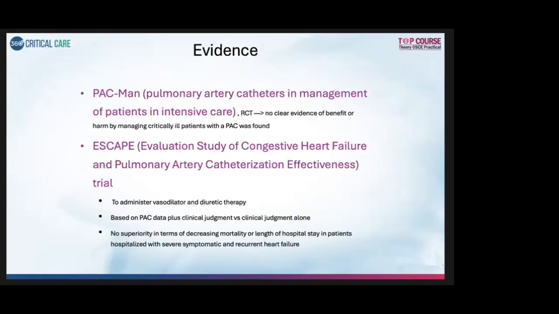So what is the evidence for the use of pulmonary artery catheter? There was one trial called the PAC-Man trial, a randomized controlled trial, where they found no clear evidence of benefit or harm by managing critically ill patients with a pulmonary artery catheter. The ESCAPE study, an evaluation study of congestive heart failure and pulmonary artery catheterization, found no superiority in terms of decreasing mortality or length of hospital stay in patients hospitalized with severe symptomatic and recurrent heart failure.